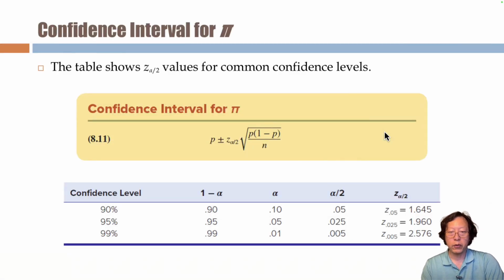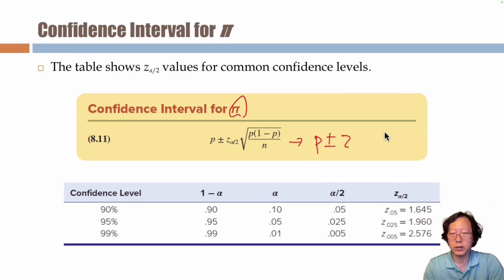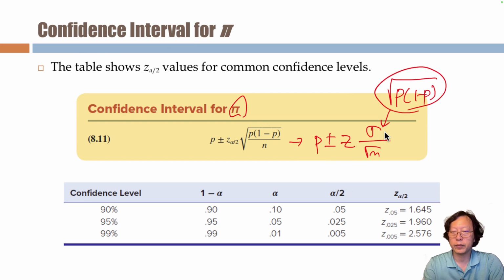Confidence interval for the pi will be something like this. But actually this is the same as p plus minus z sigma over square root of n, because the sigma is replaced by the square root of p times 1 minus p, right? That's it. If you just replace it, then you will get exactly the same formula here.